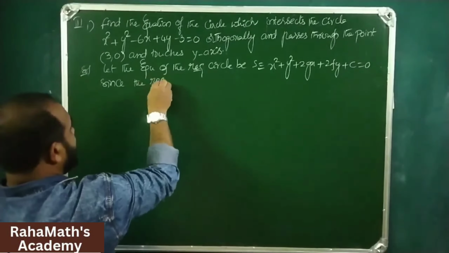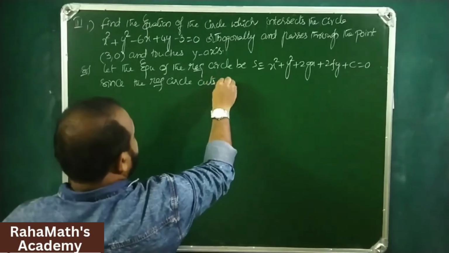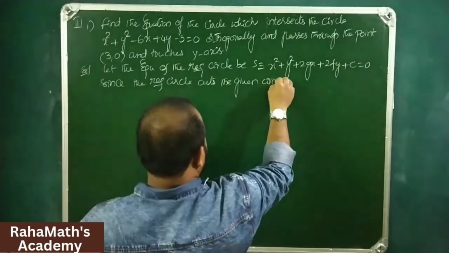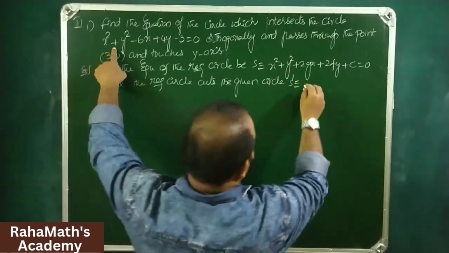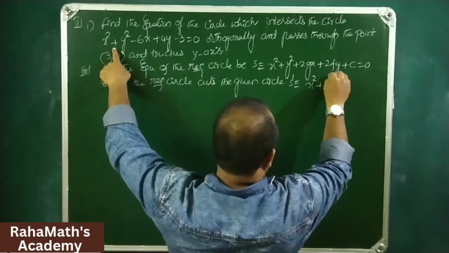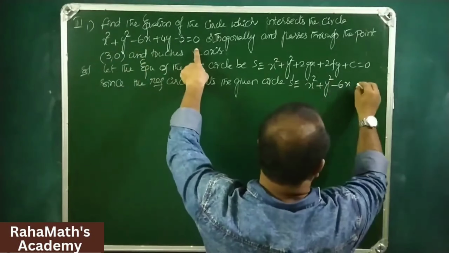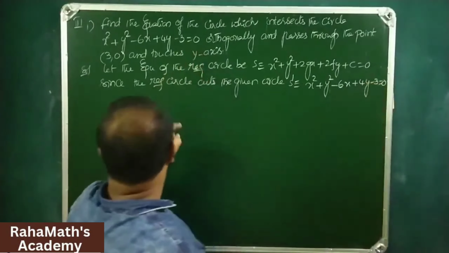the required circle cuts the given circle S dash, x square plus y square minus 6x plus 4y minus 3 equals 0.